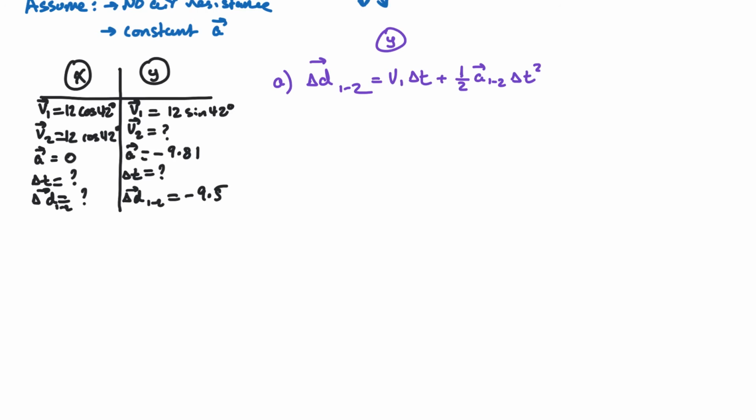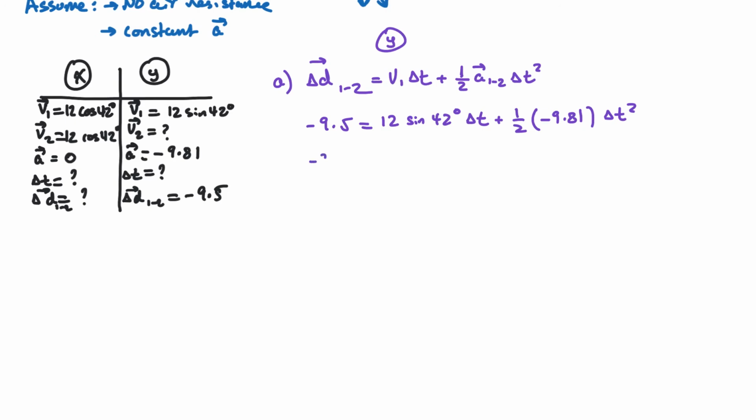So I have to do a quadratic equation here. Delta d 1 to 2 is negative 9.5, and that's equal to v1, which is 12 times sine 42, multiplied by the change in time, plus 1/2 times negative 9.81 times delta t squared.